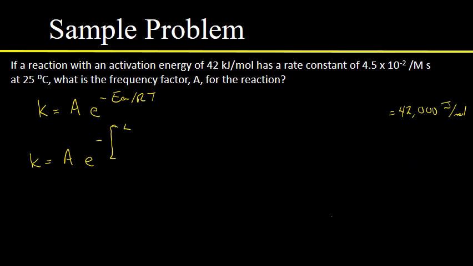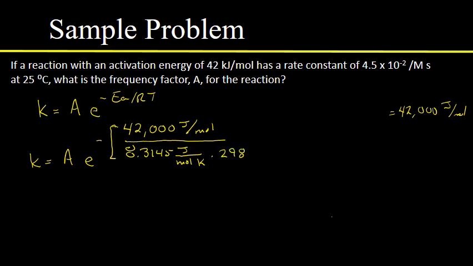So we've got 42,000 joules per mole. And in our denominator are 8.3145 joules per mole Kelvin, and our temperature is 298 Kelvin.